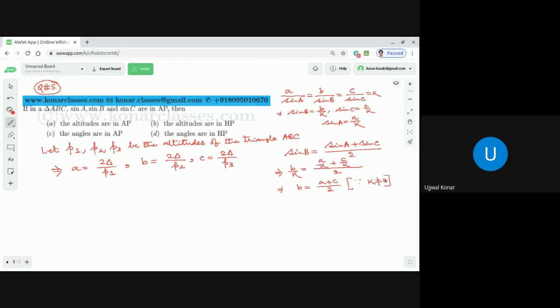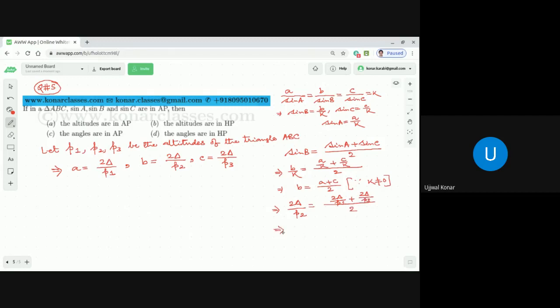Now, as we get b is equal to (a plus c) by 2, we need to express everything with altitudes. So 2 delta by P2 is equal to (2 delta by P1 plus 2 delta by P3) divided by 2.